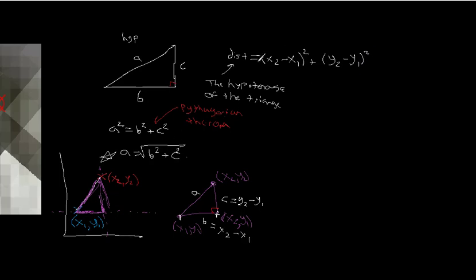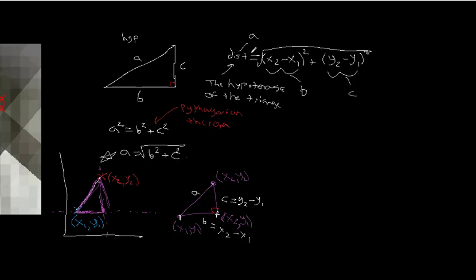And then we take the square root of all of that to get A. So again, this bit right here is our B. This bit right here is our C. And this distance, which is the hypotenuse of the triangle, is our A.